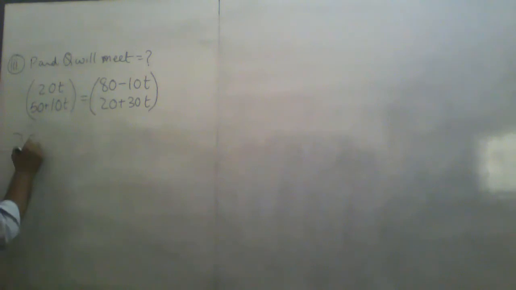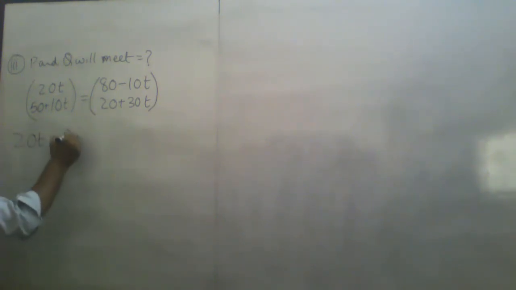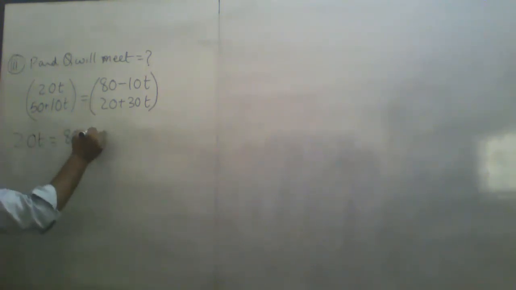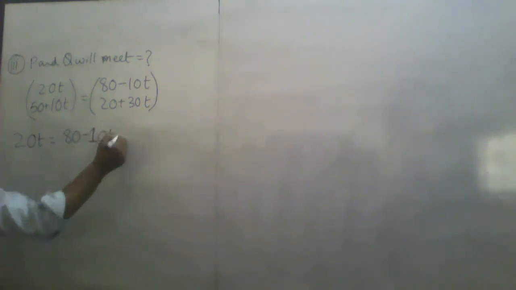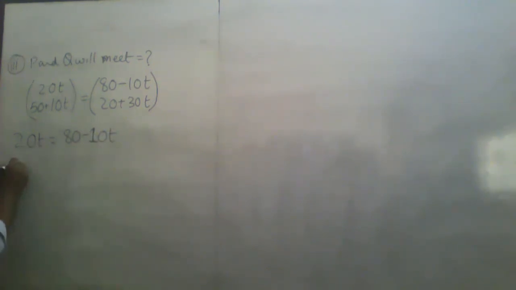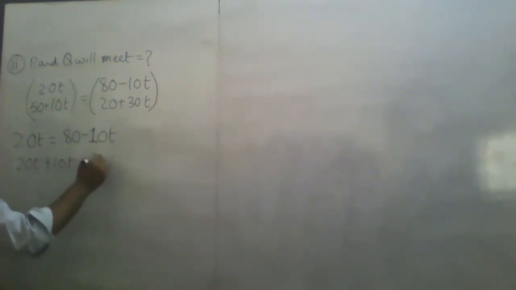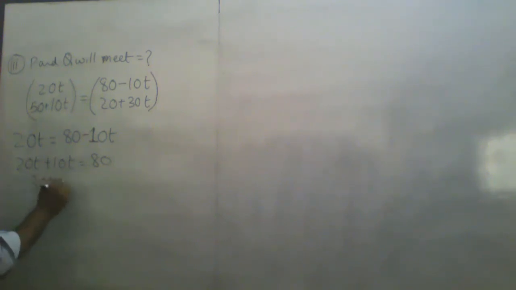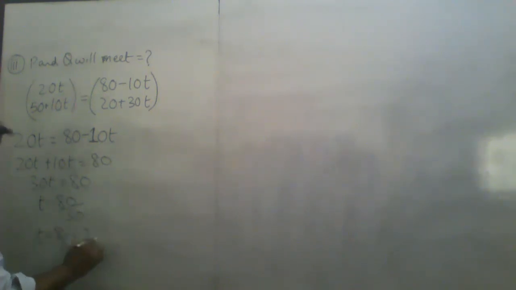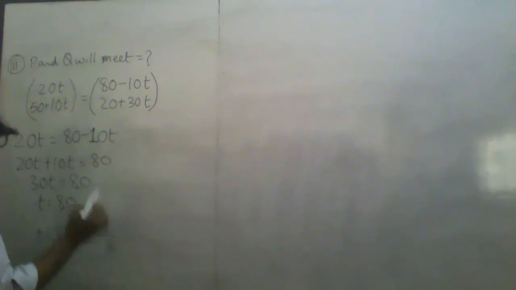So first of all, 20t equals 80 minus 10t. Minus 10t shifted over here: 20t plus 10t equals 80. 30t equals 80, and t equals 80 over 30, which is t equals 8 over 3, which we can write as 2 and 2 over 3.